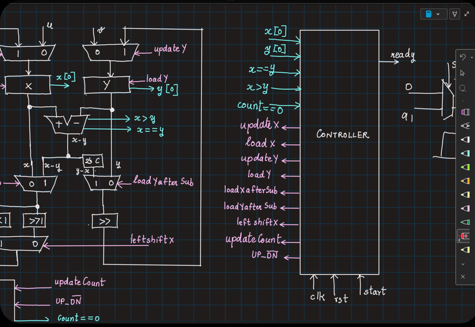You need to check if your x and y are odd or even. And last day we said that if your LSB value is 0, then the number is even. So if x of 0 is 0, that is sufficient to tell us that x was even. So we use x of 0 and y of 0 to identify if these numbers are odd or even.